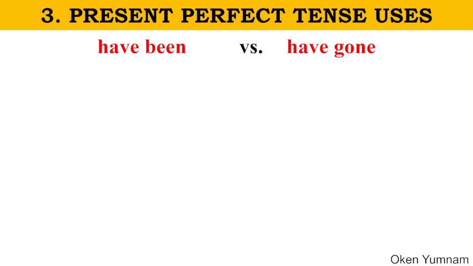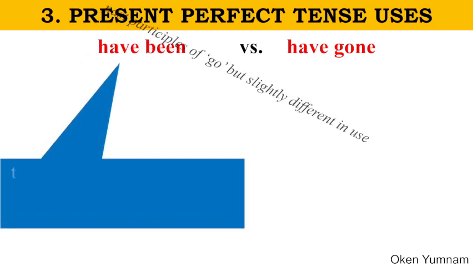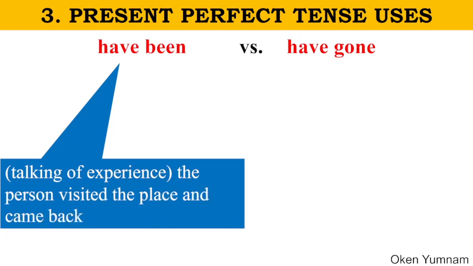And now let's see the difference between have been and have gone. Both are in present perfect tense. Both are past participles of go, but slightly different in use. Let's see the difference here. We use have been for talking about experience: the person visited the place and he has come back.